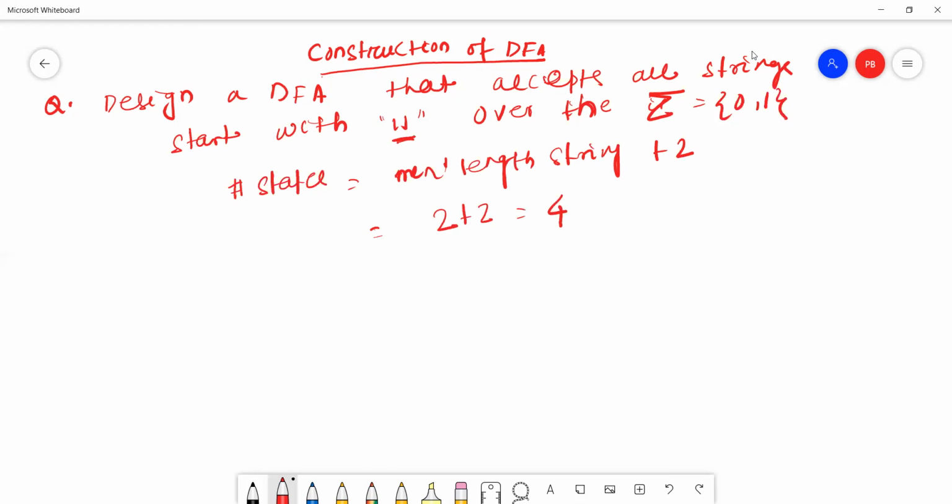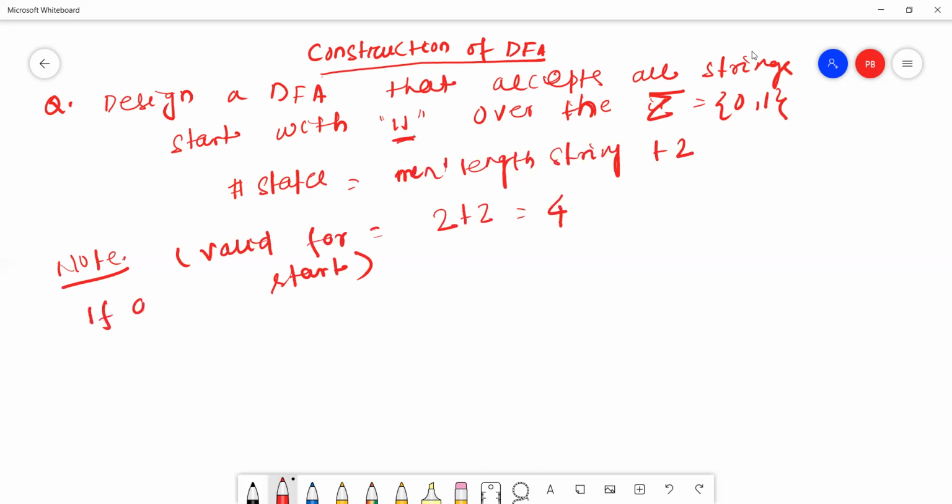So we can also note down that this is valid for start with any symbol, any substring, or any string.